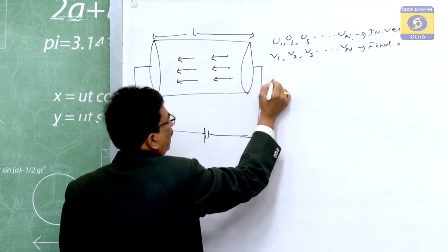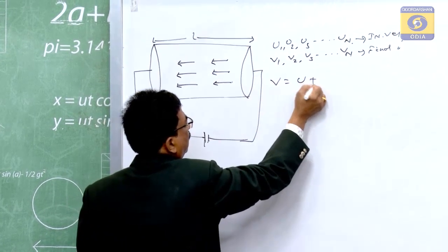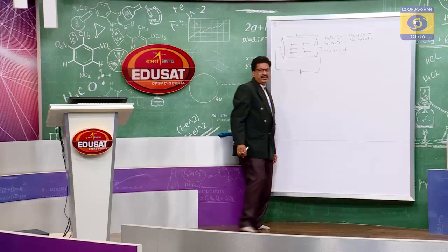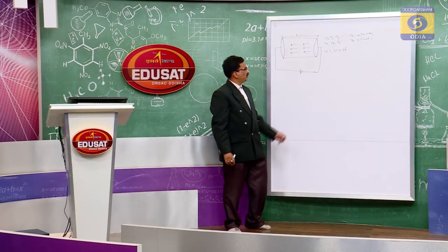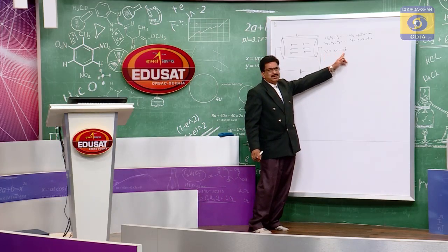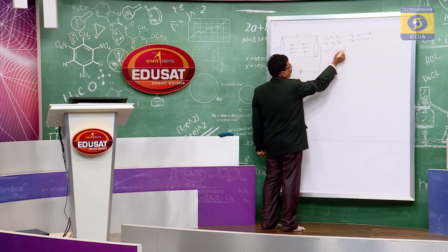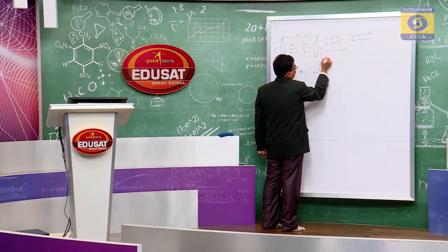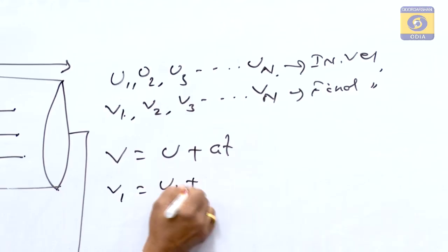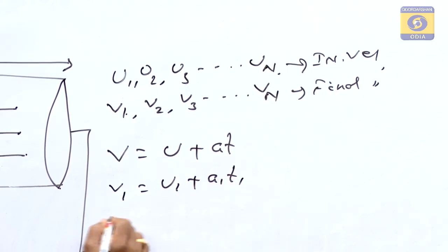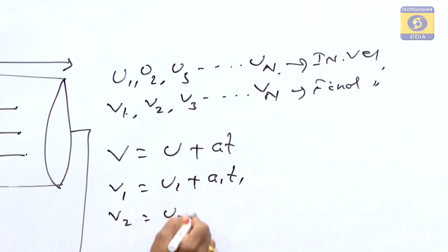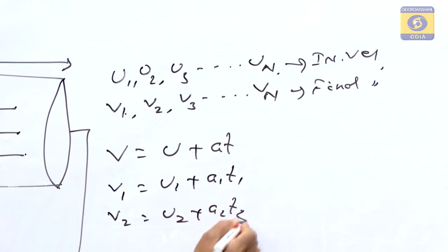You know from the equations of motion that v is equal to u plus at. For the first one, v1 is equal to u1 plus a1 t1, and v2 will be u2 plus a2 t2.